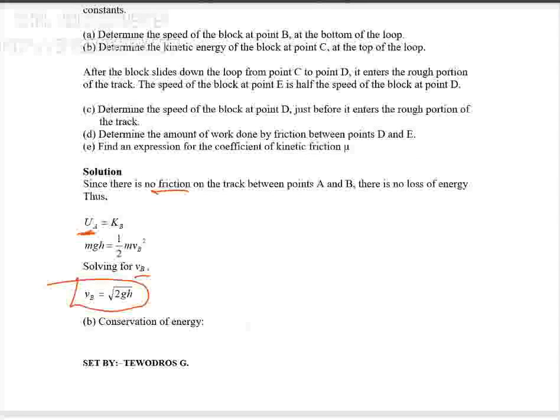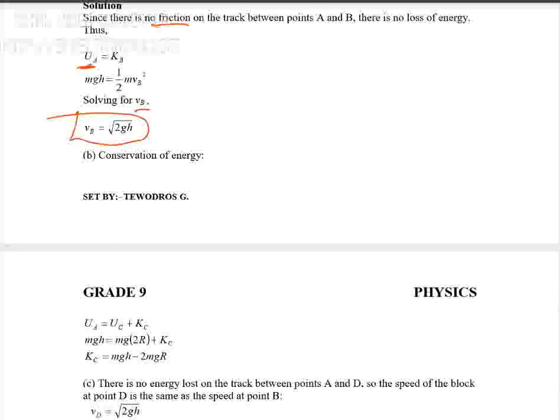Therefore, the potential energy at C plus the kinetic energy at C. Therefore, mgh, the total energy, is equivalent to mg times twice r plus Kc, the kinetic energy at C. And finally, the kinetic energy at C is equivalent to mgh minus 2mgr. This is the equation to determine the kinetic energy at point C.